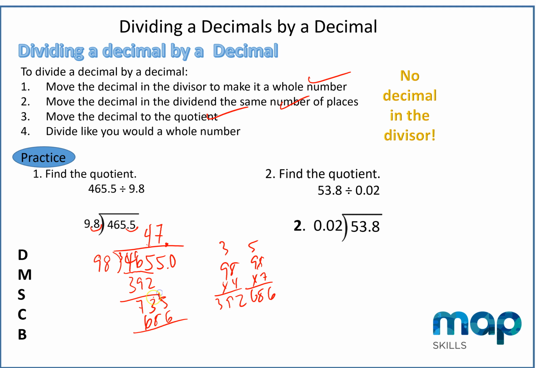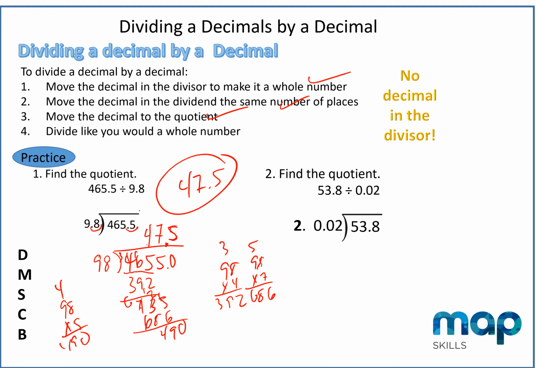That gives us 15. 490. And I think that's half of 980. So that's probably going to be 5. So let's try 8 times 5, 40, 45, 49. So our answer is 47 and a half. 47 and a half. I think if you look back at the other answer, it's similar, except the decimal's in a different place.